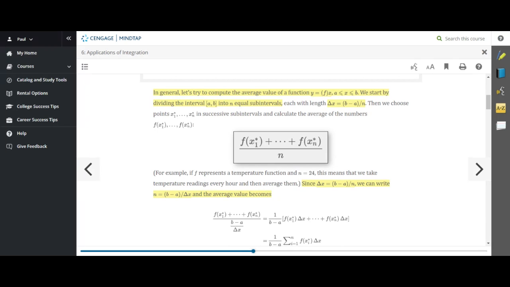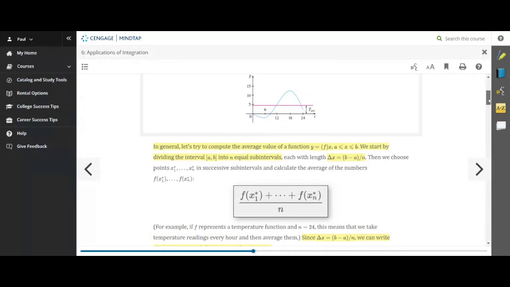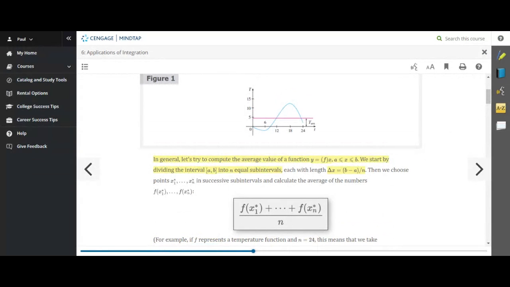They're saying here, and I'll move this up a little bit, that we can take the temperature function and divide the interval from A to B into these subintervals, just like section 5.9. If we sample more and more temperature readings, we would have to take the window of time from 0 to 24 hours and break it up into smaller and smaller subintervals. Each subinterval, we would take a temperature reading.